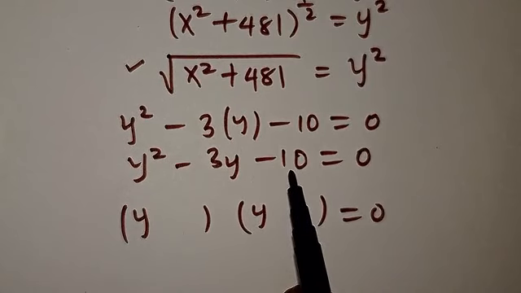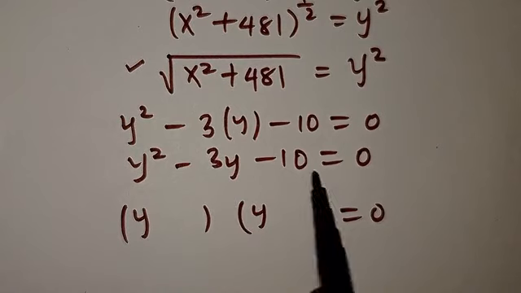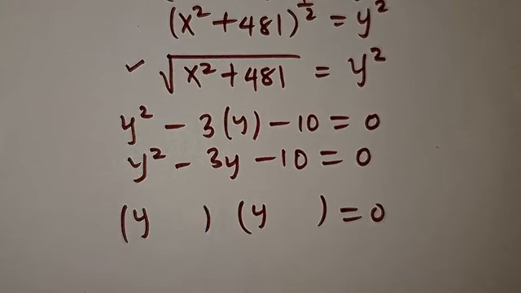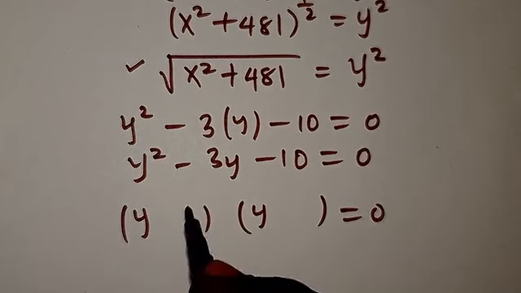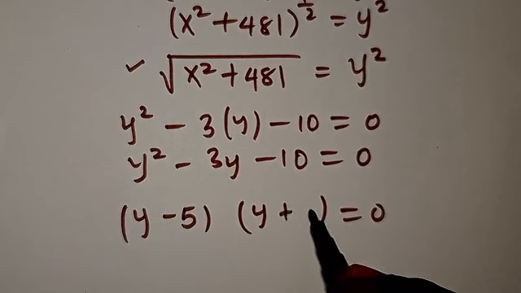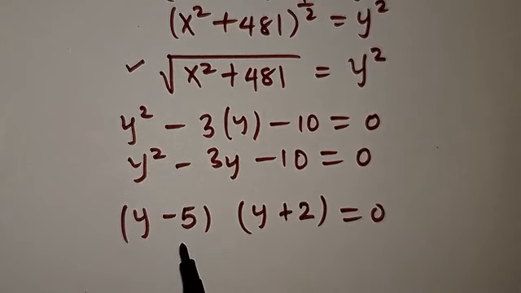We're going to look for the two factors of minus 10, so that when you multiply them together, you have minus 10, and when you add them together, you have minus 3. So that's going to be minus 5 plus 2. Are you getting now? Minus 5 plus 2.